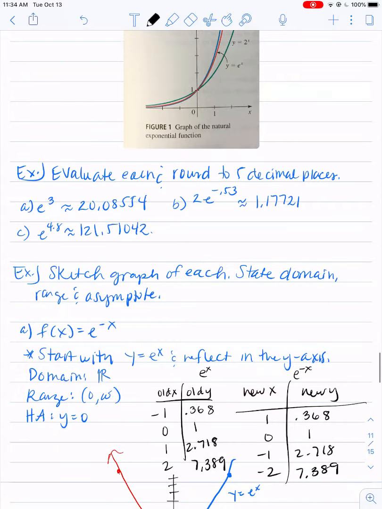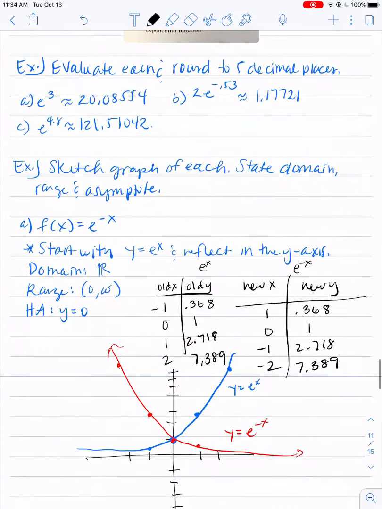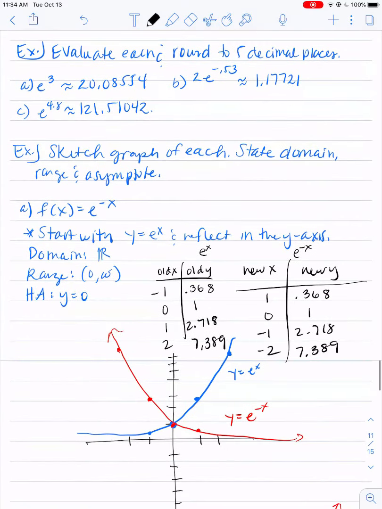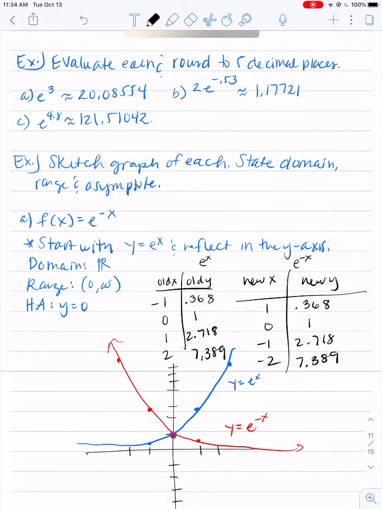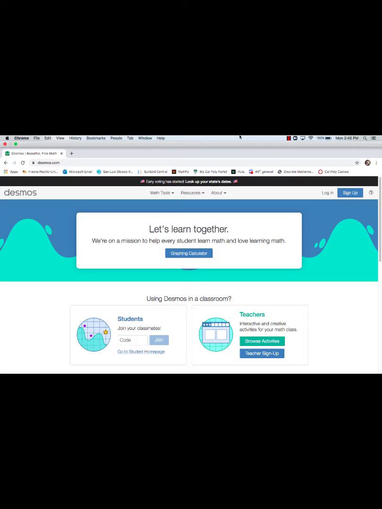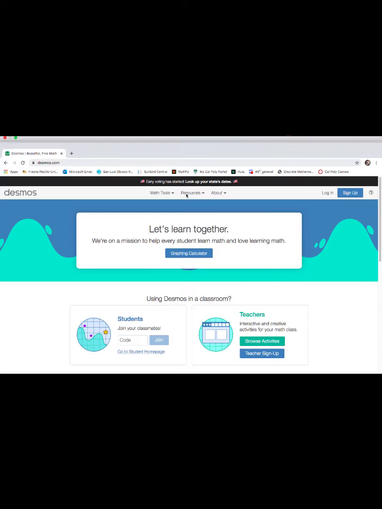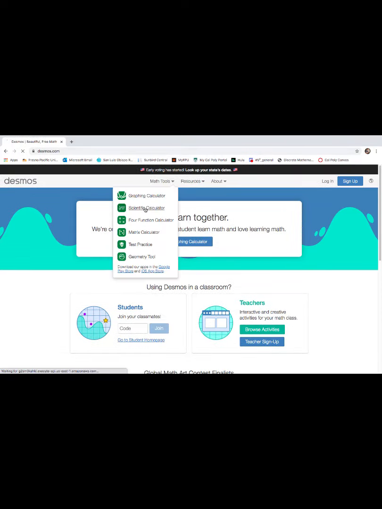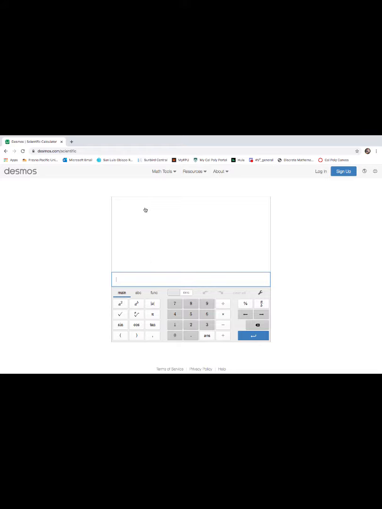Okay, so now we're going to evaluate each of these and round to 5 decimal places. I'm going to do that on Desmos. I'm going to go to the scientific calculator, and then I have e, which is found in functions, e to the third power.